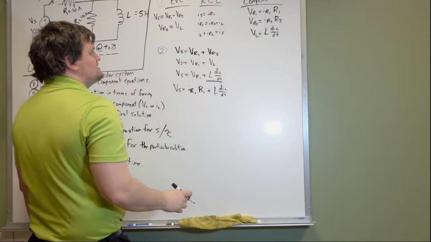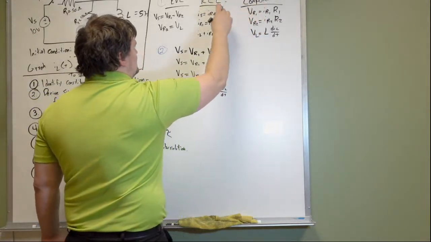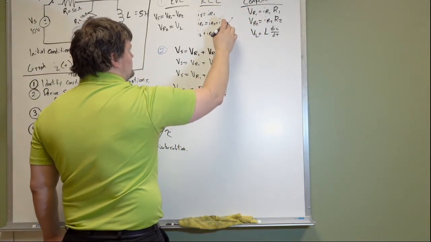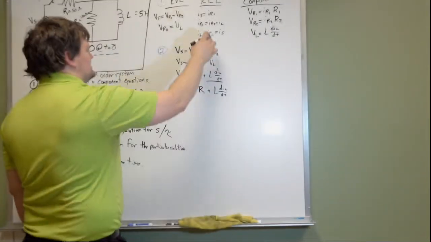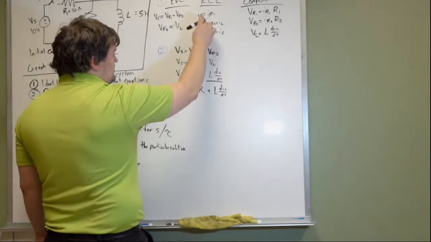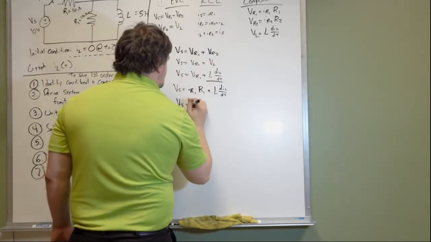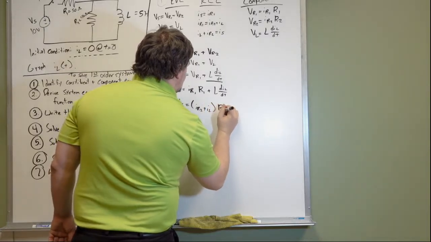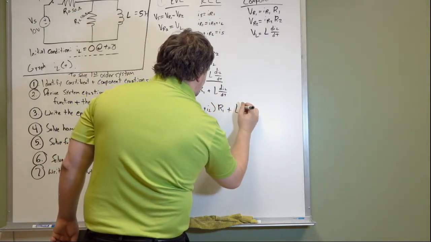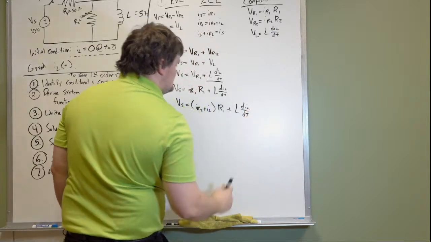What equation do we have that has IR1? Since we don't have the source current, that one's not going to be very helpful. But we do have this one right here. So VS is equal to IR2 plus IL times R1 plus L dIL/dt.